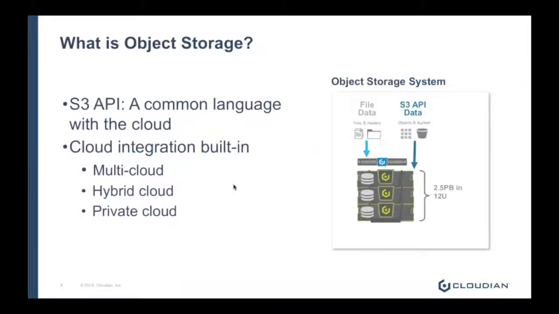But what this means has a much larger implication, and that is that cloud integration is effectively built in to this environment because it speaks the same language, because it uses the same underlying storage model of objects and buckets. It becomes a very simple way of connecting environments together. So it becomes a very simple means of combining cloud and on-prem.